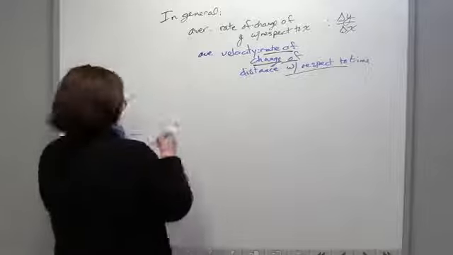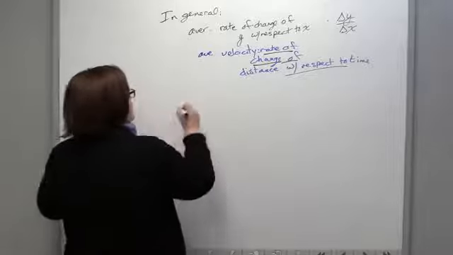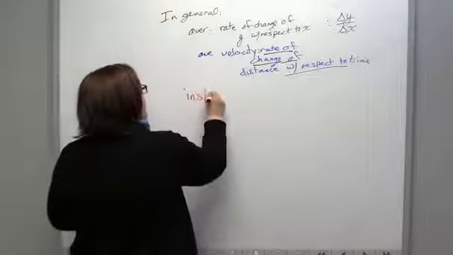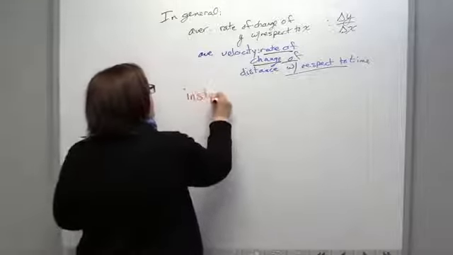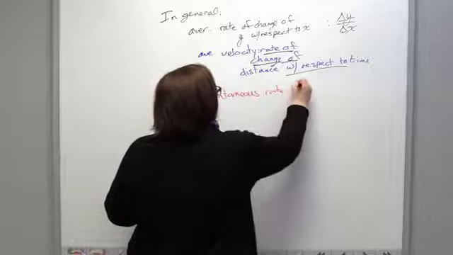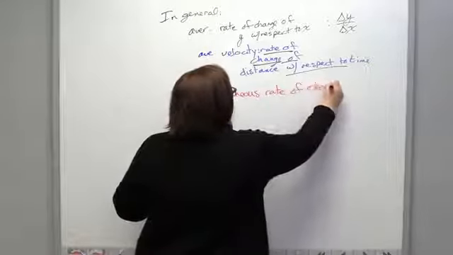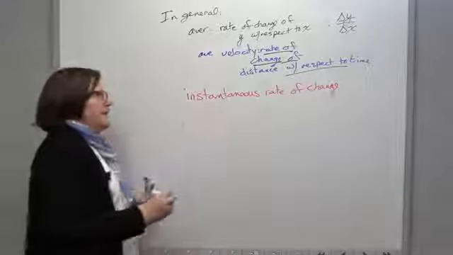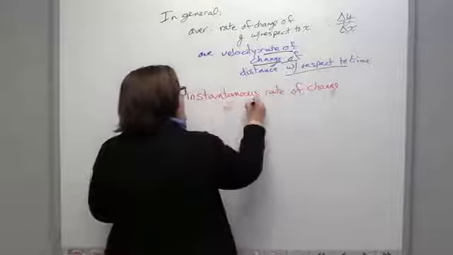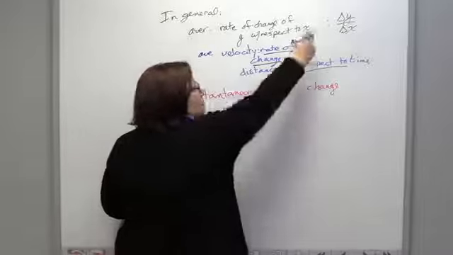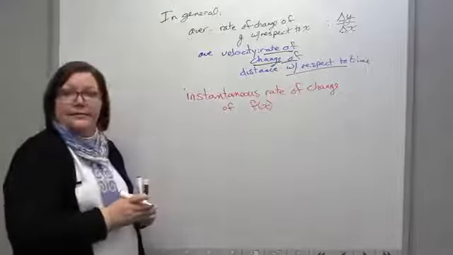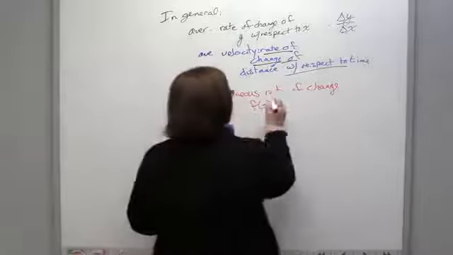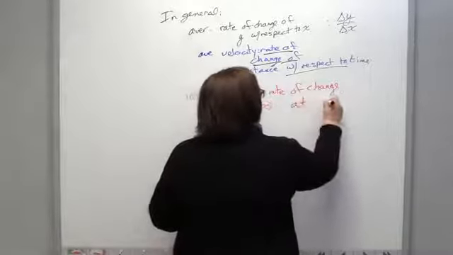And so we have an instantaneous rate of change. And in this case, I'm going to change it a little bit. I'm denoting the instantaneous rate of change of f of x, which were our y's, instantaneous at a.